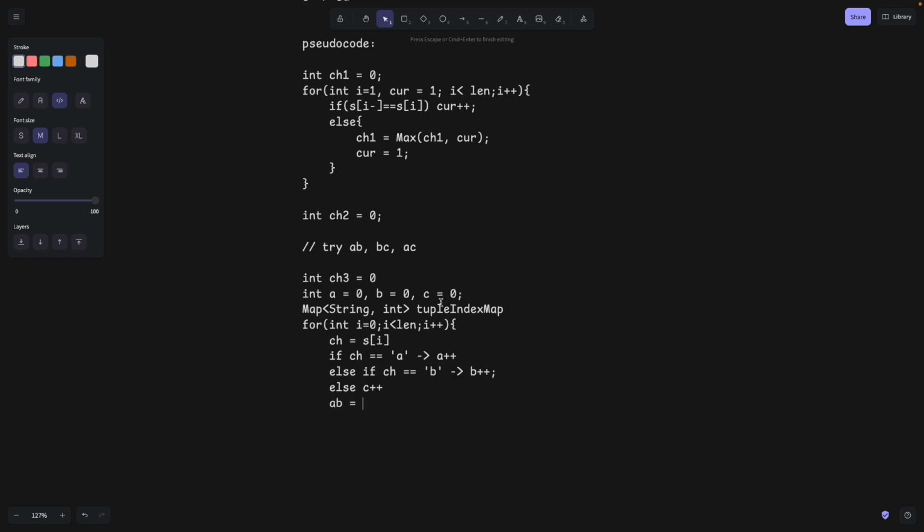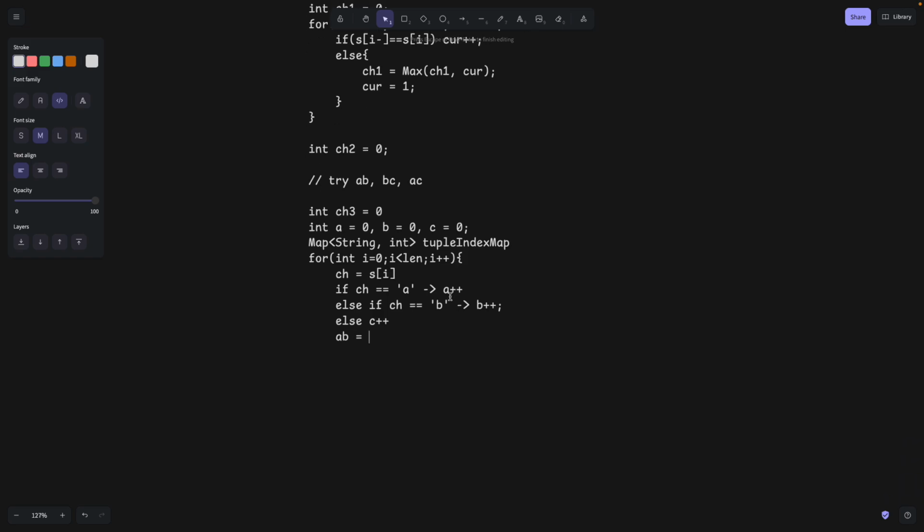AB is going to be count of A minus count of B. Then BC is going to be count of B minus count of C, and AC is going to be count of A minus count of C.